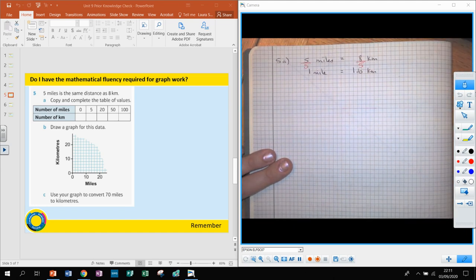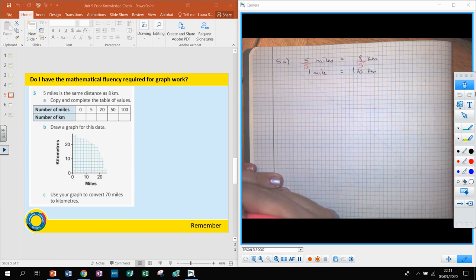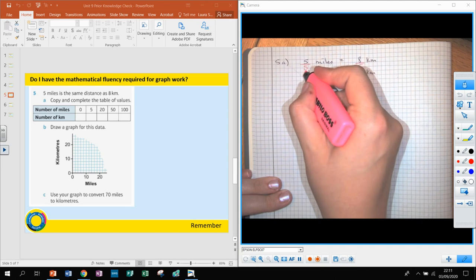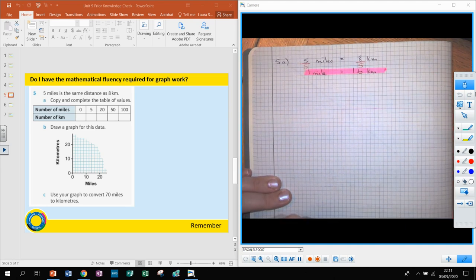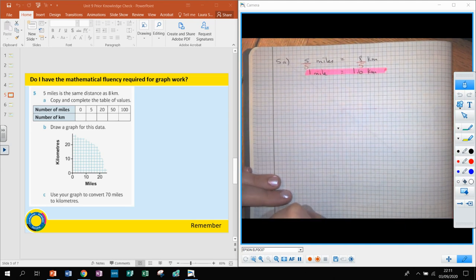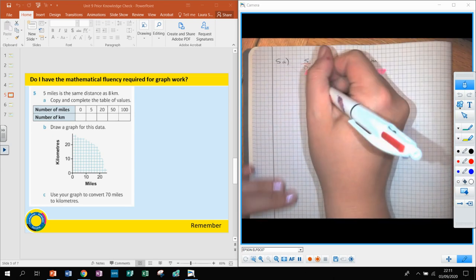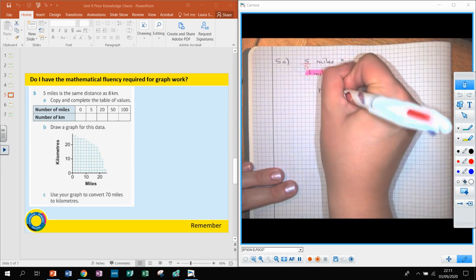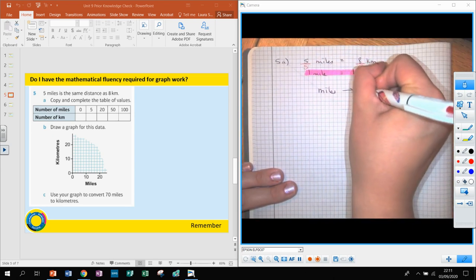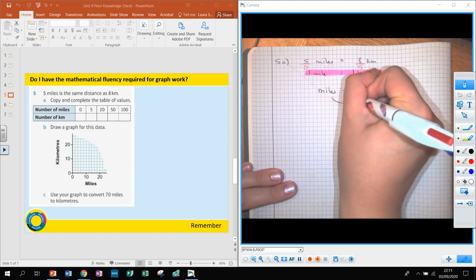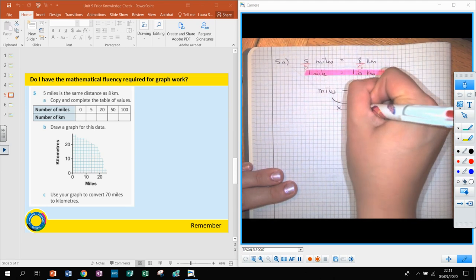But I would suggest strongly that you actually memorize this conversion and that you learn that 1 mile is equal to 1.6 kilometers. The reason that's useful is now I know if I ever want to go from miles to kilometers, then I can multiply by 1.6.